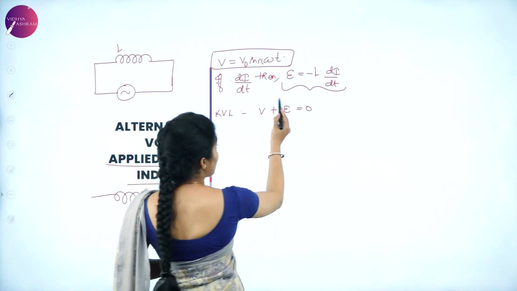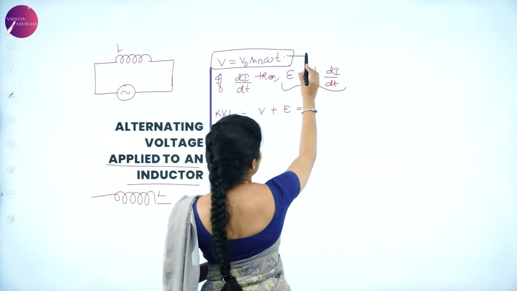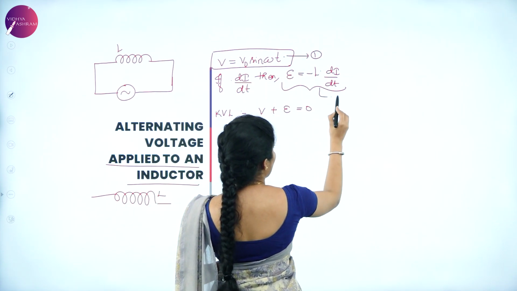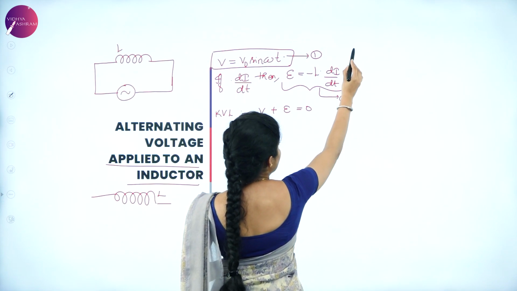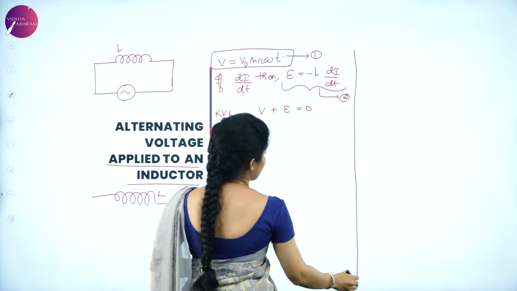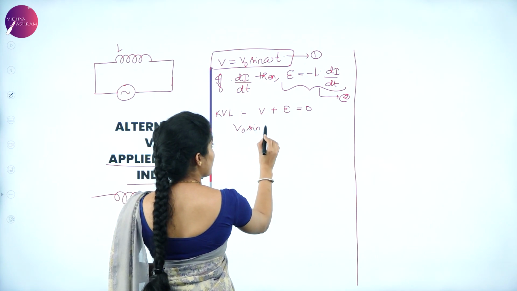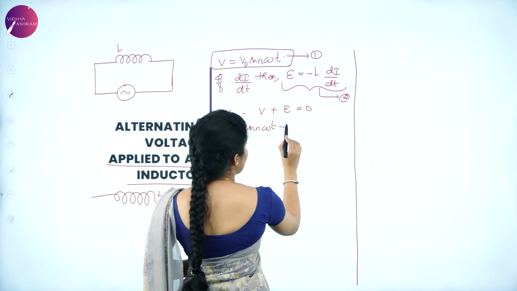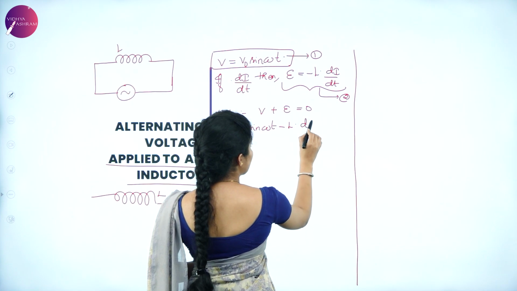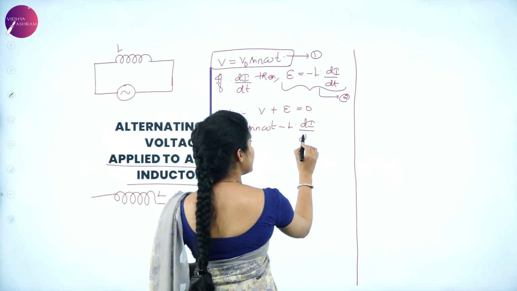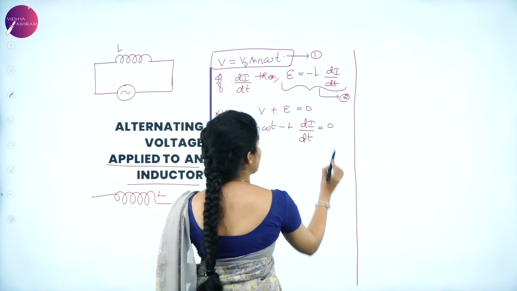Now, substitute equation 1 and equation 2 into this. So it is V0 sine omega t minus L into di by dt is equal to 0.